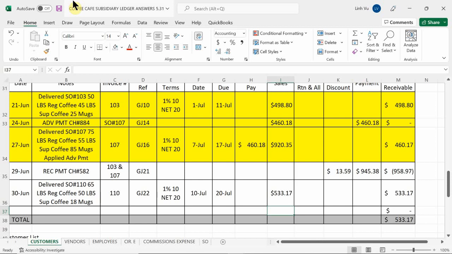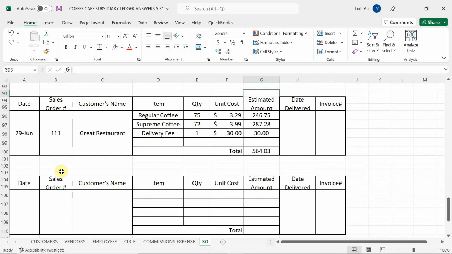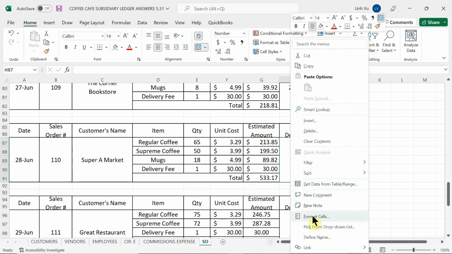And then we go to the sales order tab. And then we need to make it 110 marked delivered with invoice number 110.